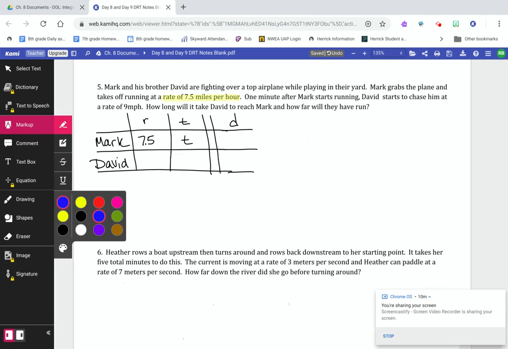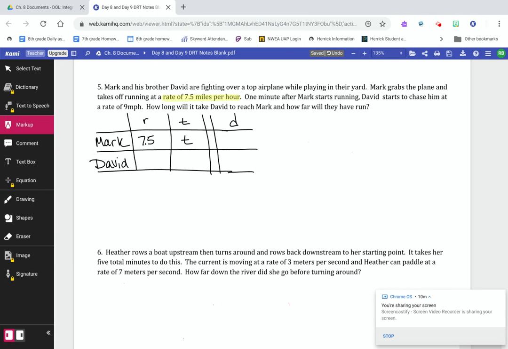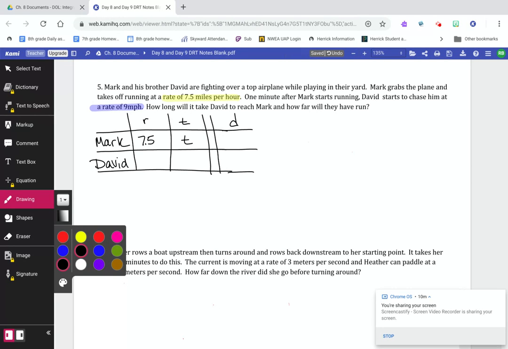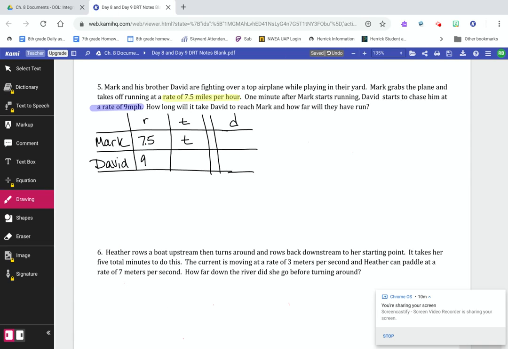For David, he is running at a rate of 9 miles per hour. His time, the amount of time he's running, is different than Mark's because David starts up 1 minute after Mark starts running. So his time is going to be different.